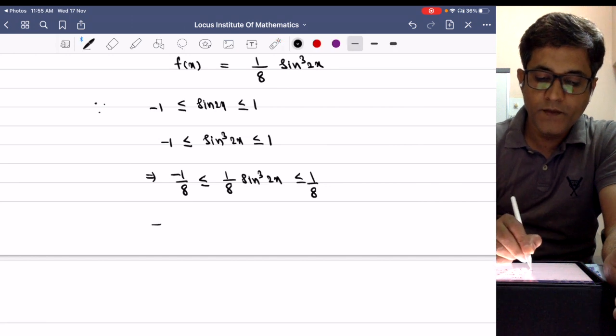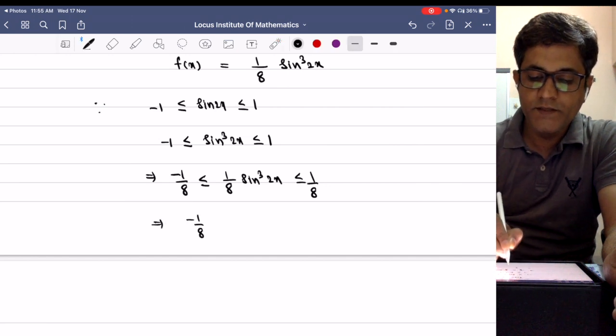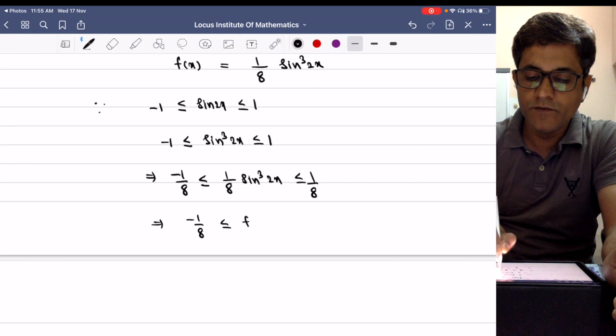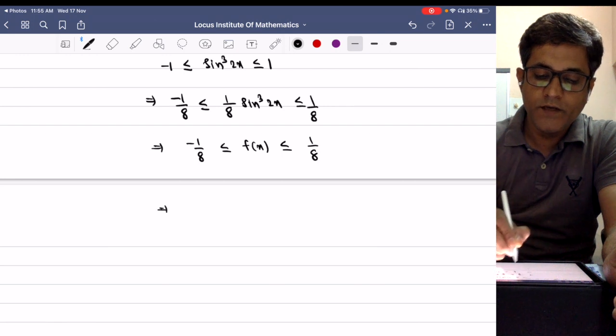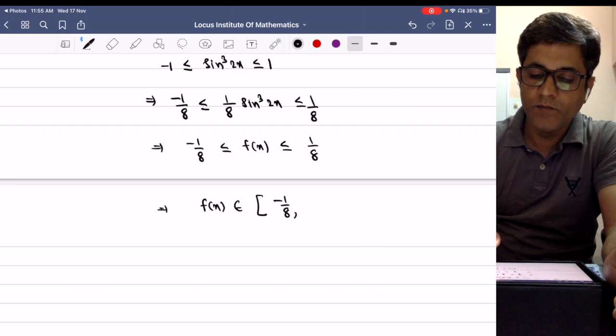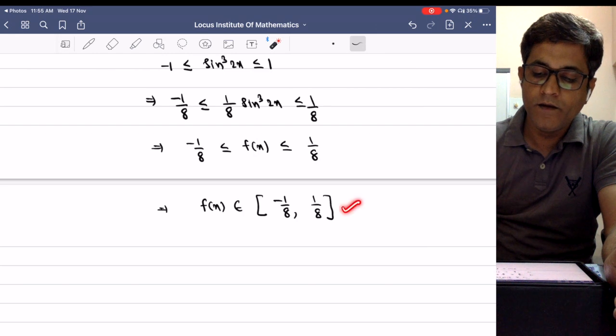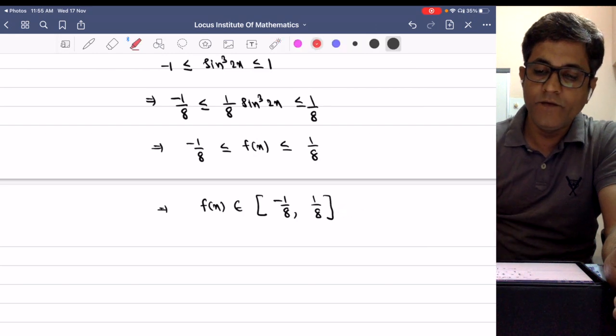Therefore -1 by 8 is less than or equal to f of x is less than or equal to 1 by 8. So you can write f of x belongs to the closed interval -1 by 8 to 1 by 8. So this is the range of the given function.